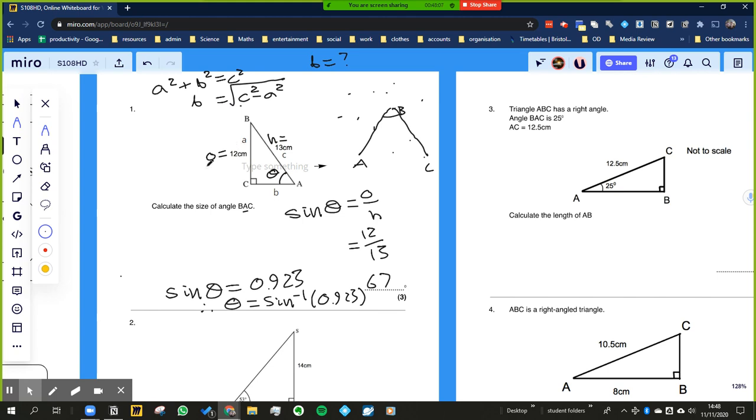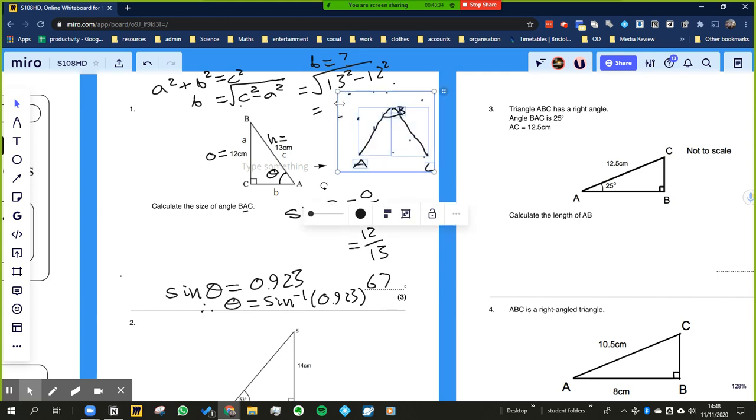So b is therefore equal to the square root of c squared minus a squared, which in this case would be equal to the square root of 13 squared, because that's what c is, minus 12 squared.